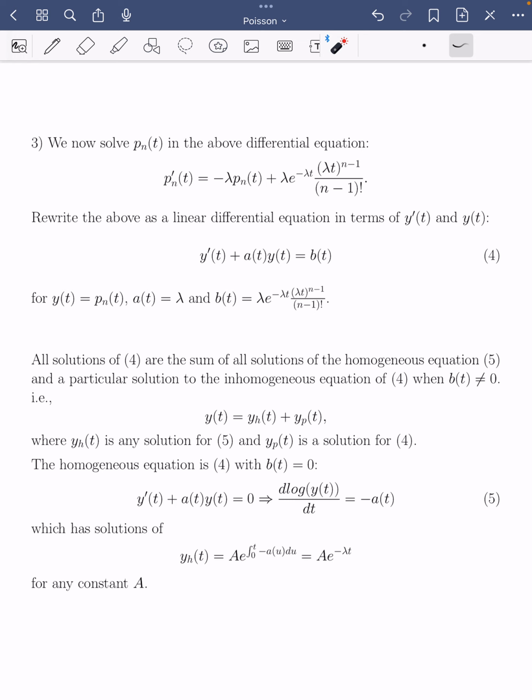And because this a(t) is just lambda, we plug in a(u) as the constant lambda. So we find that this integration gives A times e to the negative lambda t, for constant A.